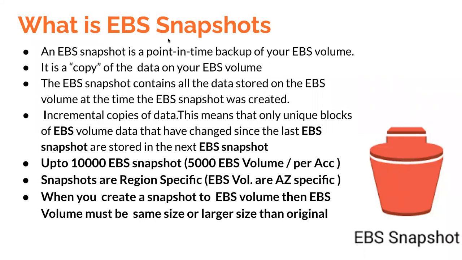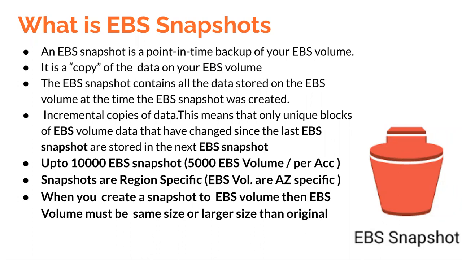An EBS snapshot is a point in time backup of your EBS volume. It's a kind of copy or a backup of your EBS volume. And an EBS snapshot contains all the data stored on your EBS volume at the time the snapshot was created, and it stores an incremental copy of data.